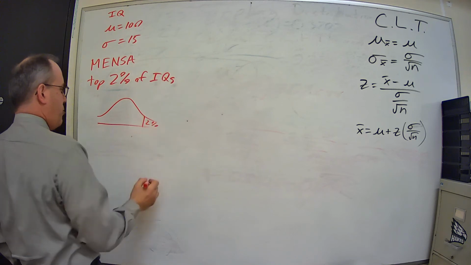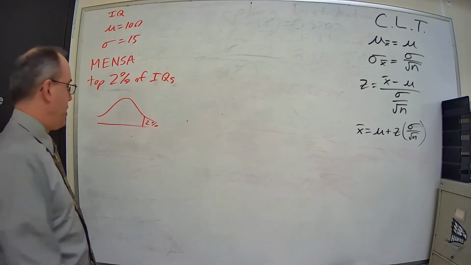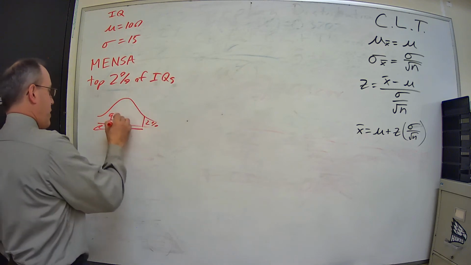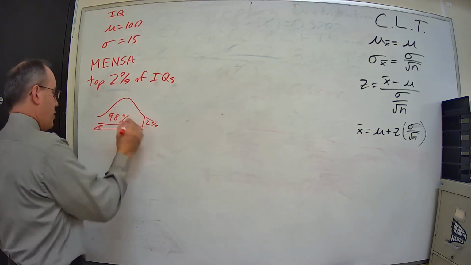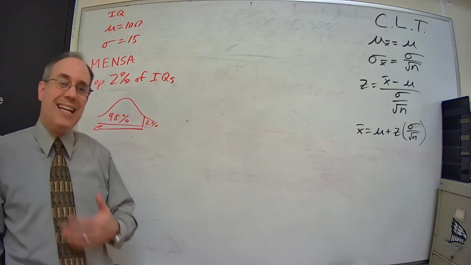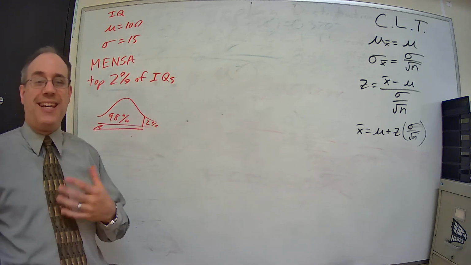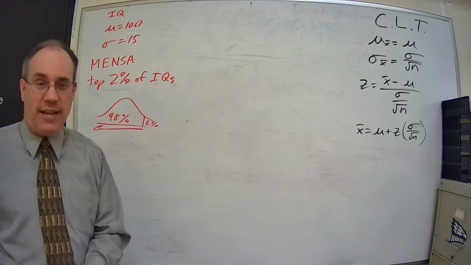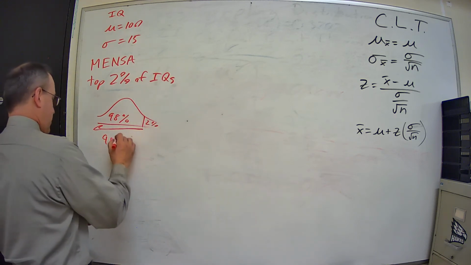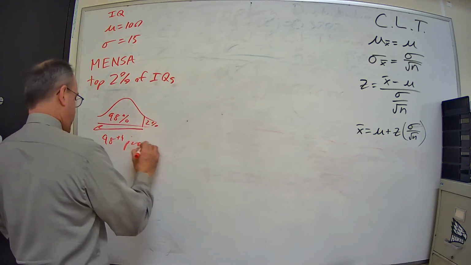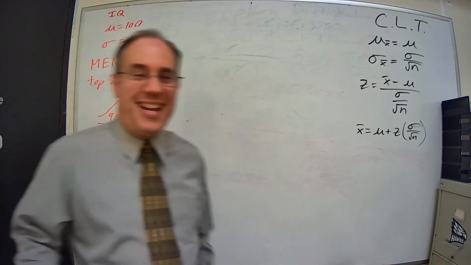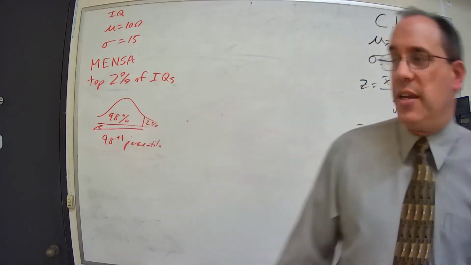Remember, everything we deal with at this point deals with the left-hand side, so that means another 98% must be below you. So to be in Mensa, you have to be smarter than 98% of the population, or in the 98th percentile.